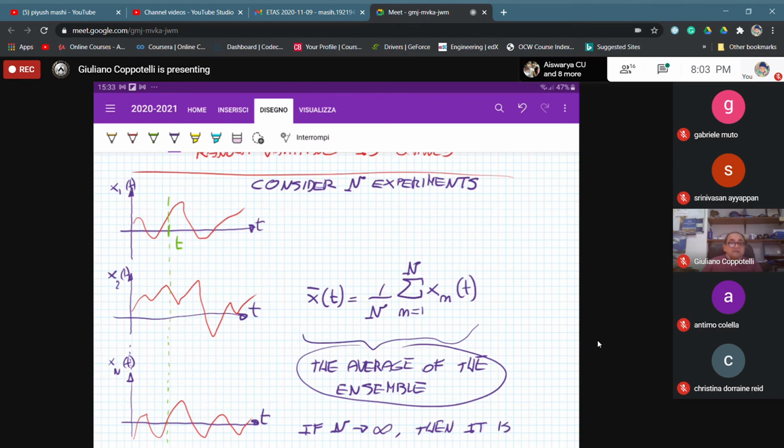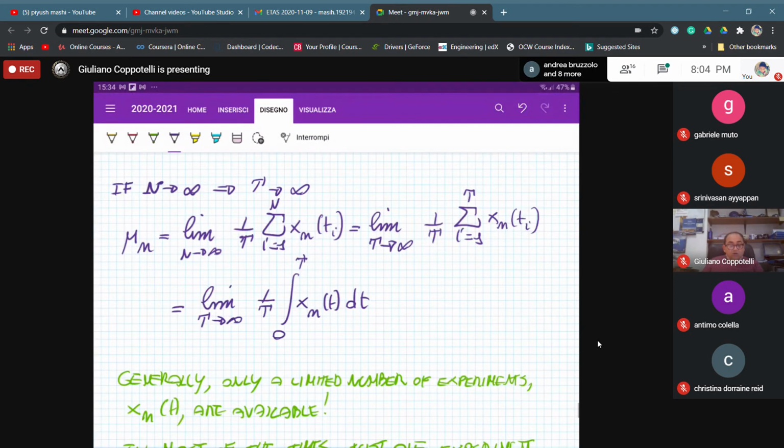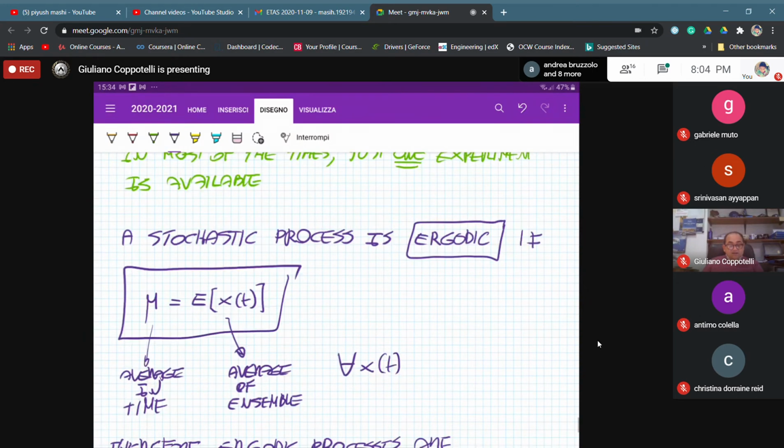That is a great saving in time and money, because what you need is just a very long time series, but just one test carried out. Beware that this is true only if your stochastic process is ergodic.